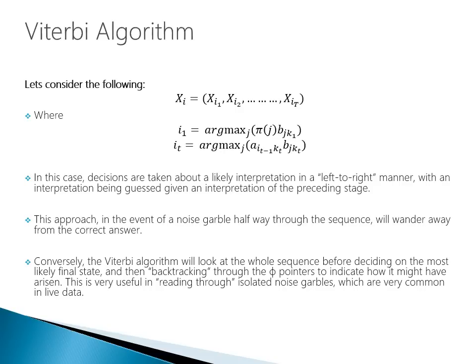That's what the Viterbi algorithm focuses on: it actually looks at the entire sequence before deciding on the most likely final state. So this is one of its greatest strengths and is a very important consideration when working with hidden Markov models.